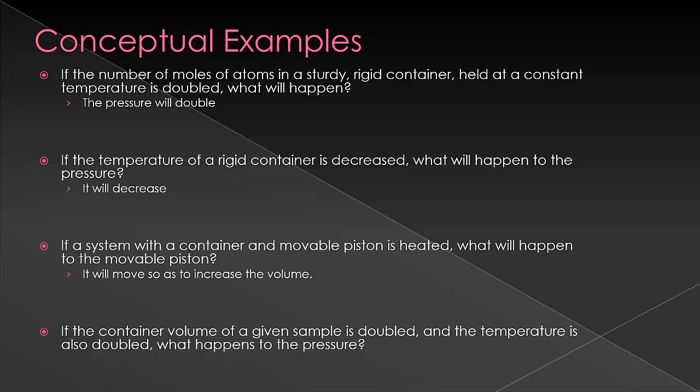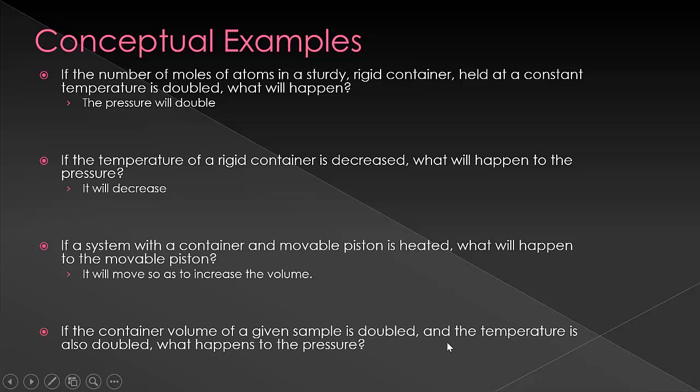So now we have two things going on. We're doubling the volume, which means that we're halving the pressure. But at the same time, we're also heating it up, which is going to increase the pressure. So because we're decreasing the pressure by half in one step, and then increasing the pressure by double in the other step, it stays the same.